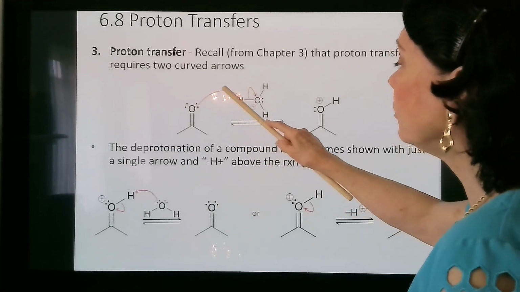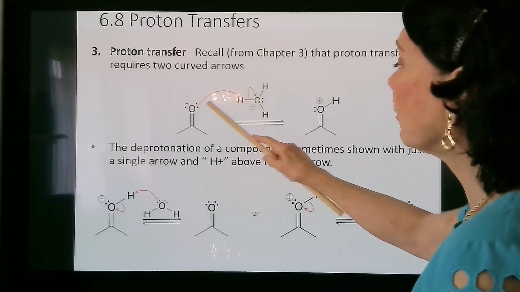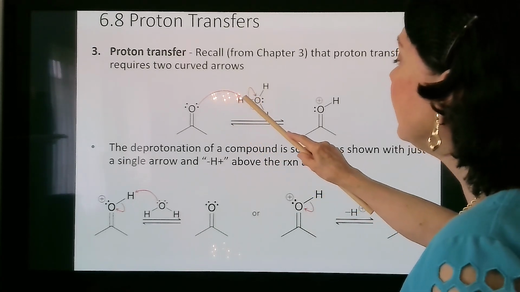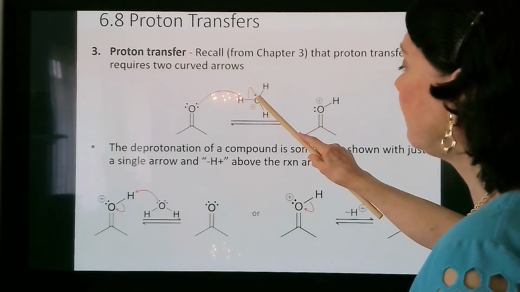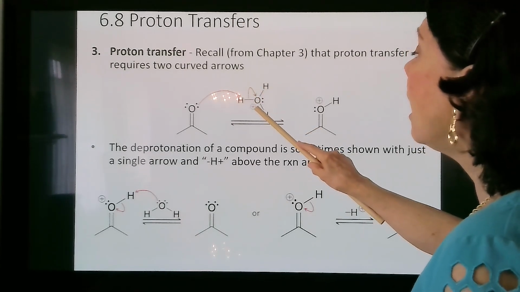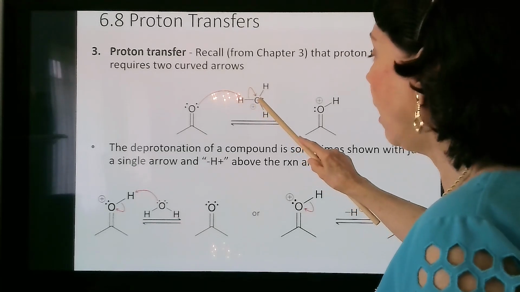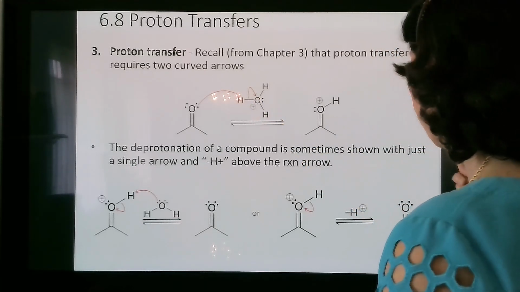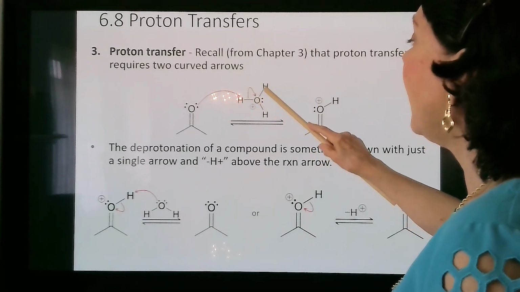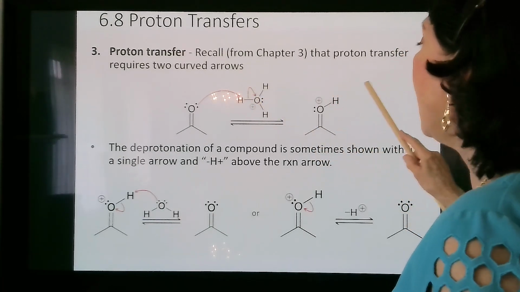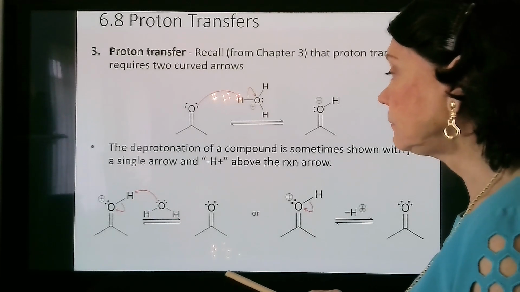Okay, so this is going to bump into a proton, abstract the proton, the pair of electrons in the hydrogen-oxygen bond moves back onto oxygen, satisfying the positive charge. So the oxygen of water, and it's not even drawn here, the oxygen of the water will be neutral now, and water will depart as a neutral molecule.